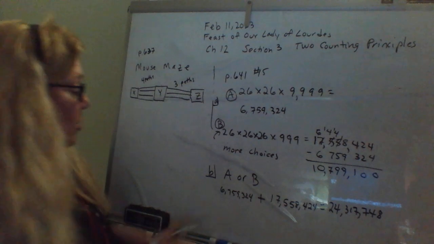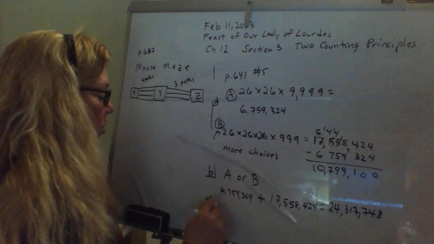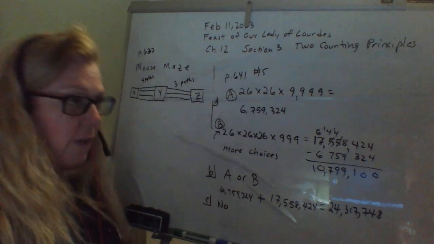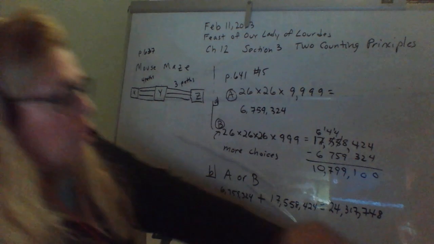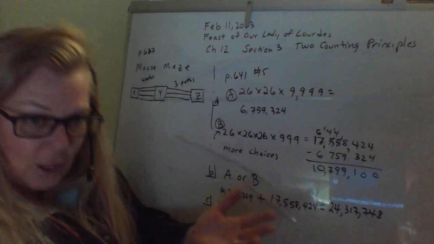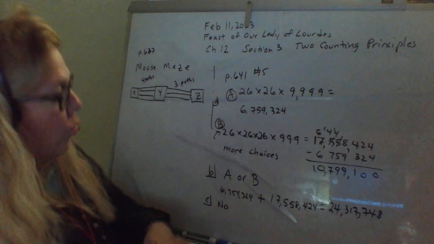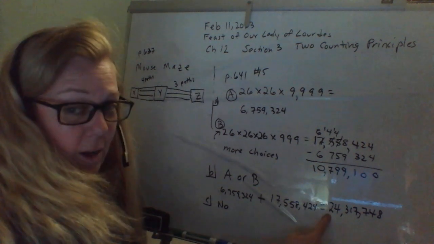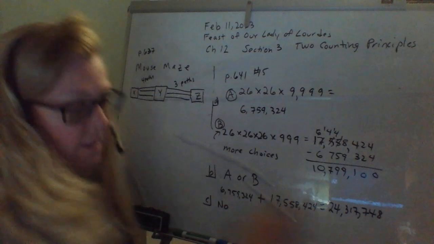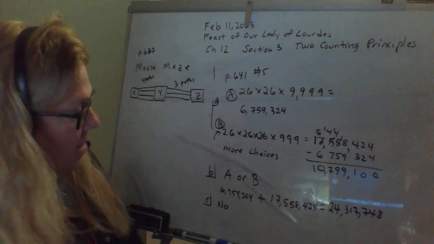So we would not be able to do this on a federal level, on a national level, of having a license for each car if there are 100 million cars. And we can only, together with these two options, come up with 24 million license plates. I hope that makes sense.